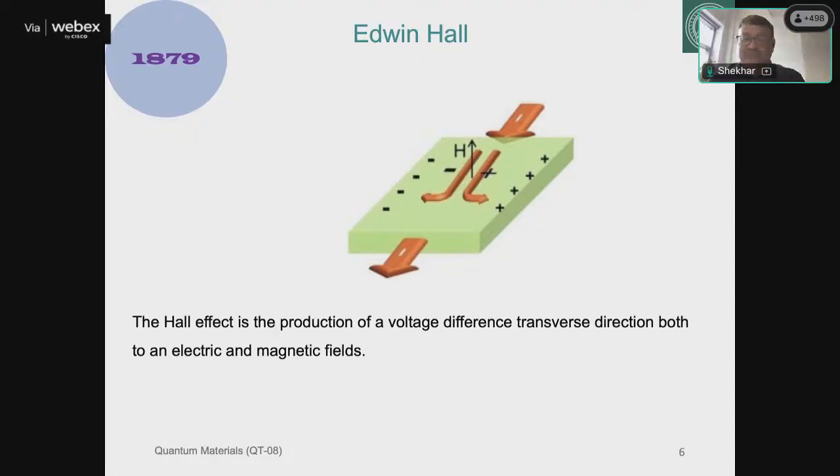There is a lot of confusion about which charge carrier, positive or negative, electron or hole, is going to deflect to which side due to the Lorentz force. Here we have only one quantity, the Lorentz force, deflecting the charge carrier in one direction.